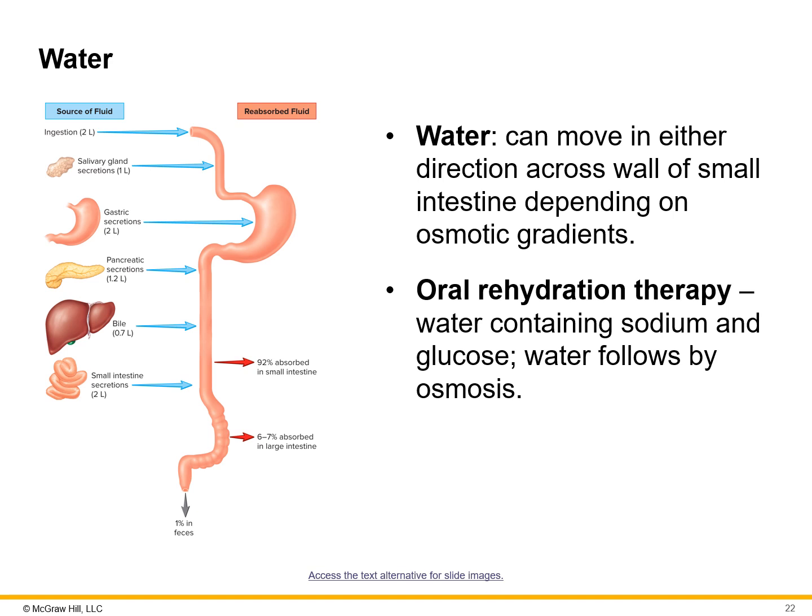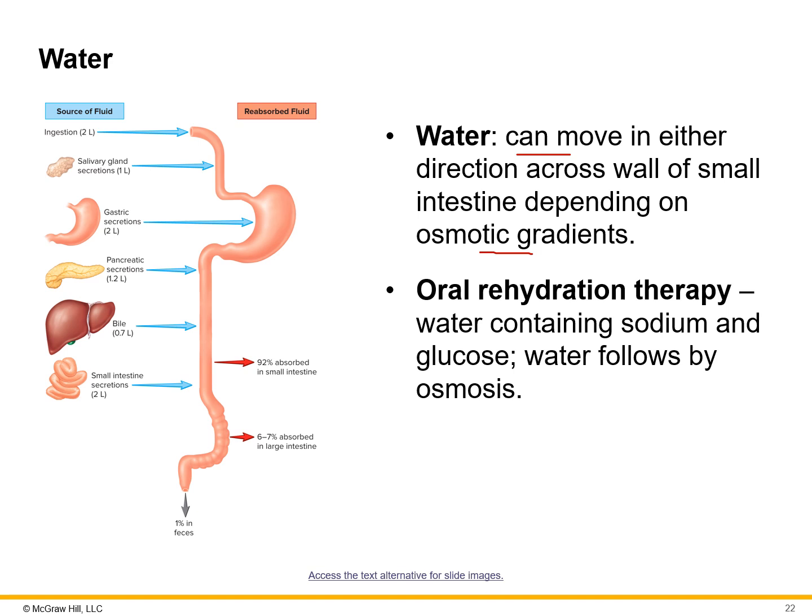And then water is also going to get reabsorbed here, so it can move in either direction. It can be coming out of or going into the GI tract or being reabsorbed following those osmotic gradients, meaning it goes with the solute. So if there's a lot of sodium and chloride and other ions inside the cell, water comes in to dilute them.